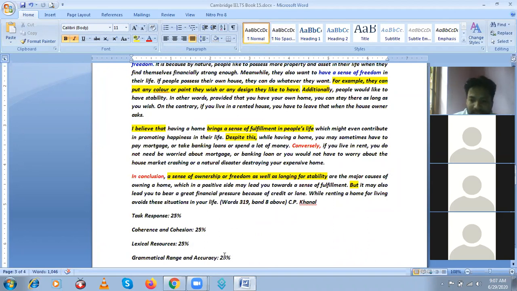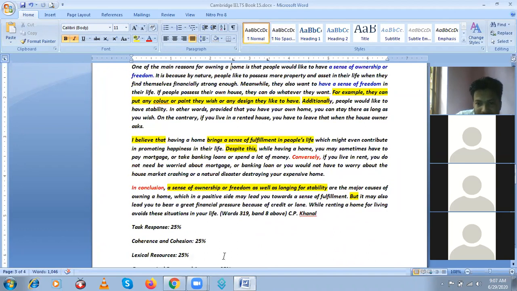We have no mistake, I guess, in punctuation. I don't think there is any mistake. And we have used varied sentence structures. Majority of the sentences are complex. And here we have used a lot of cohesive devices.